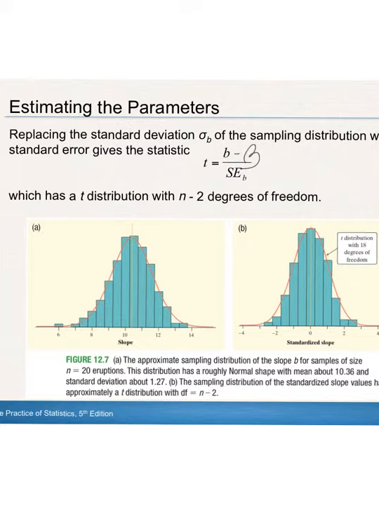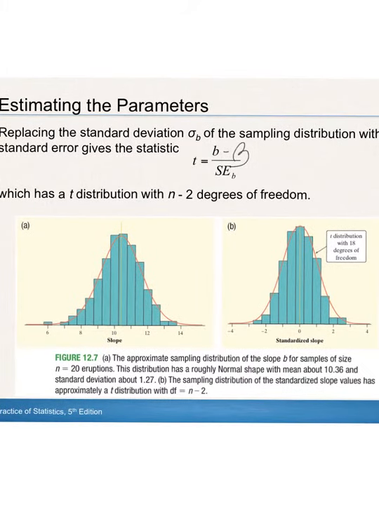For reasons beyond the scope of this class and beyond me, the t-distribution for a linear regression inference test has n minus 2 degrees of freedom. So in our particular case, we had a slope of around 10, and when we standardize it, that becomes 0, and then our standard error is from there to there, and we're going to standardize that.